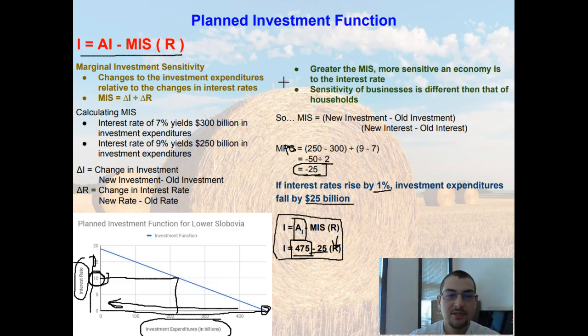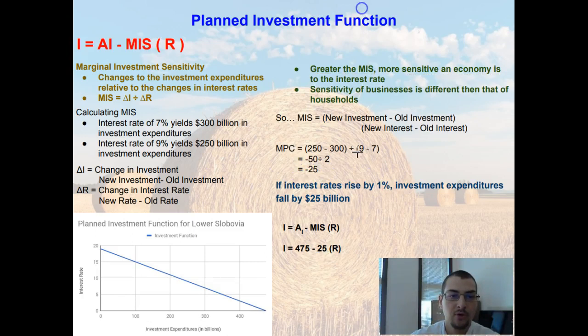Another thing I would like to touch on with this marginal investment sensitivity is that the greater this value is, the more sensitive an economy is to the interest rate. What if this value was not negative 25 billion per percent of interest rate, but rather something like 50 billion, meaning that for every 1% increase in the interest rate, we would lose expenditures of 50 billion?